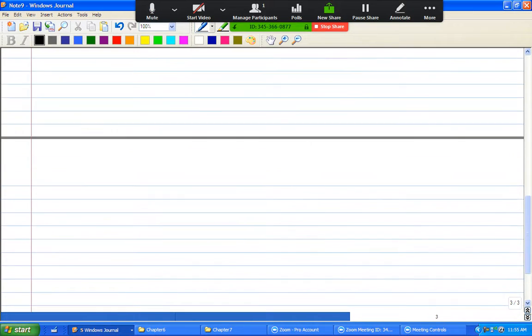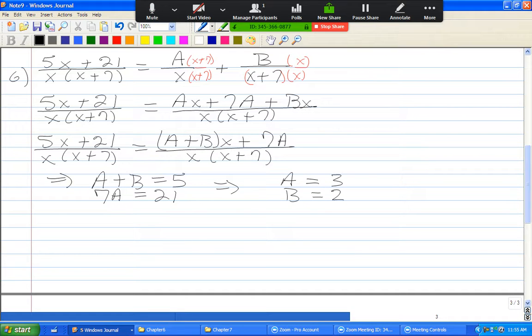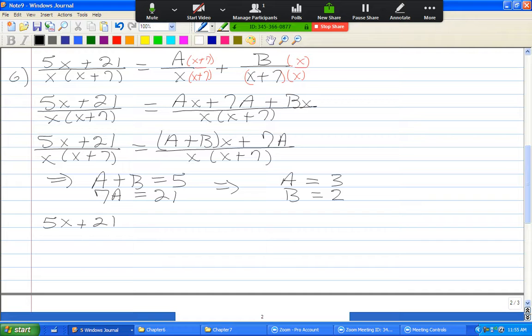Therefore, I have rewritten 5x plus 21 over x times x plus 7 in a much simpler form.